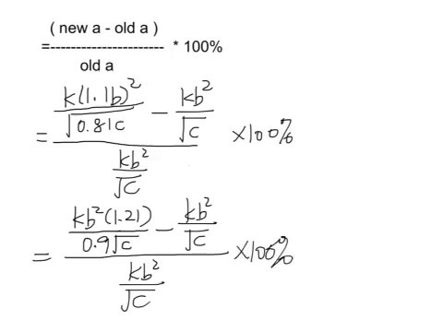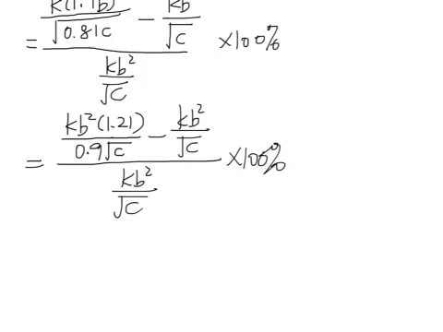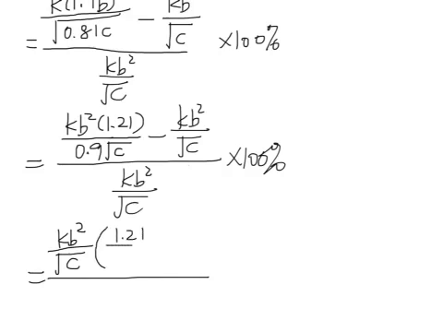Now next step is we want to factorize all these unknowns out. So if I take out KB squared over the square root of C, then what I will have is 1.21 over 0.9 minus, now I'm taking out this whole thing as a common factor, right?